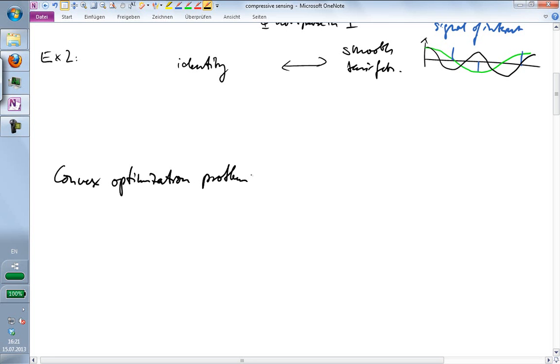And if it's written as above, with the data term as a constraint and with the problem being underdetermined, this is called basis pursuit denoising. By its inventor Donoho.